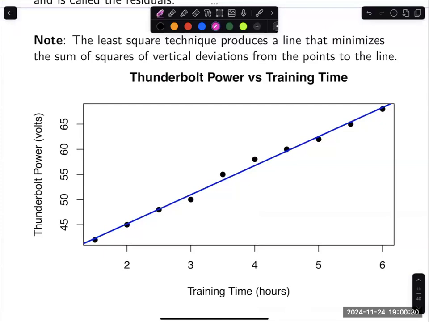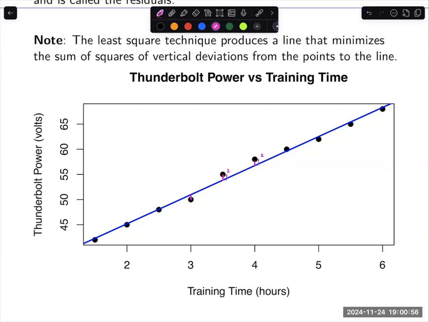So the geometric representation of the above solution is that we find such a blue line so that the squared distance between each of the dots and the line, as we are plotting here, the square of the distance for each of them, when summed together, is the smallest possible.